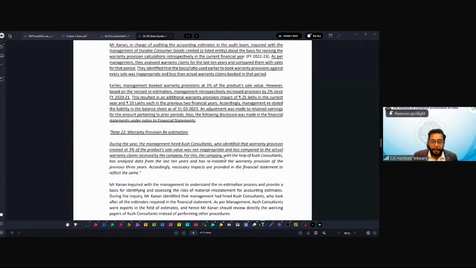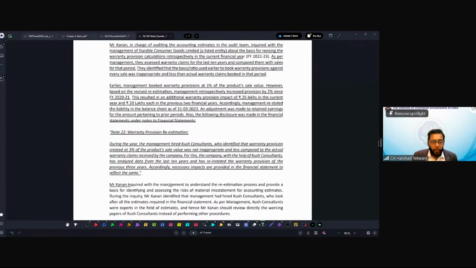For this, the company, with the help of push consultants, analyzed the data for the last 10 years and restated the warranty provision of the previous 3 years. Accordingly, necessary impacts are provided in the financial statements to reflect the same.